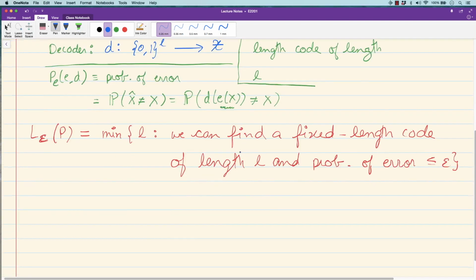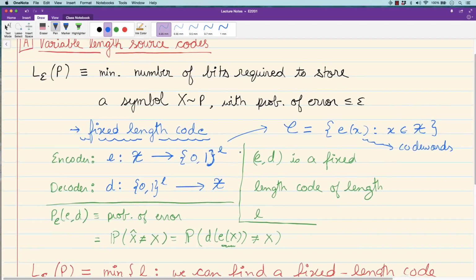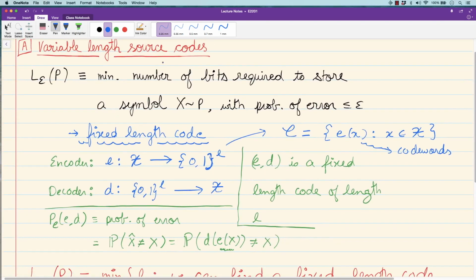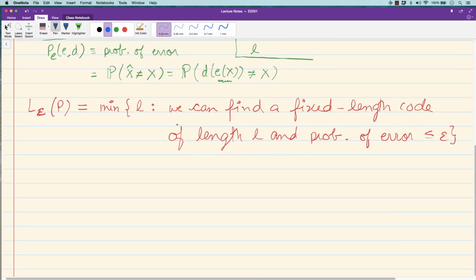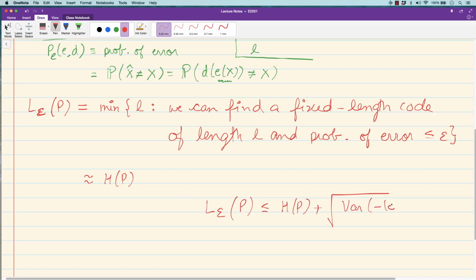So we now know what a fixed length code is. What we have already seen in this course is that this quantity L epsilon P is approximately the entropy of P. We showed two bounds, and I'll just recall those here. We showed that L epsilon P is less than or equal to H of P plus square root of variance of minus log P of X by epsilon.